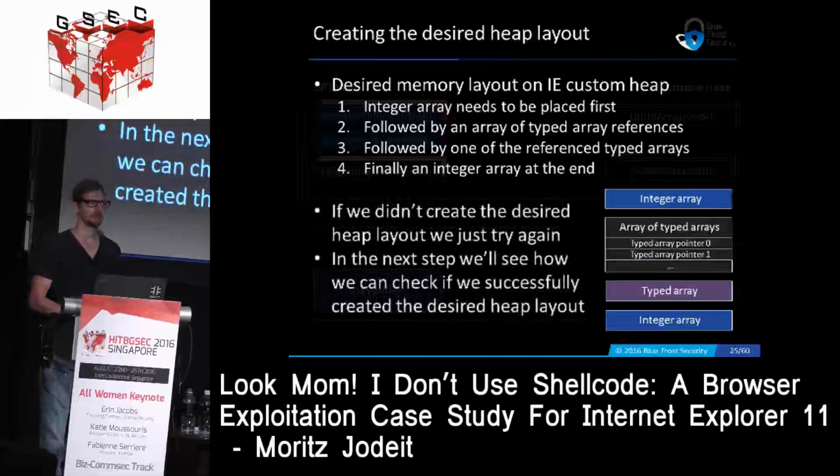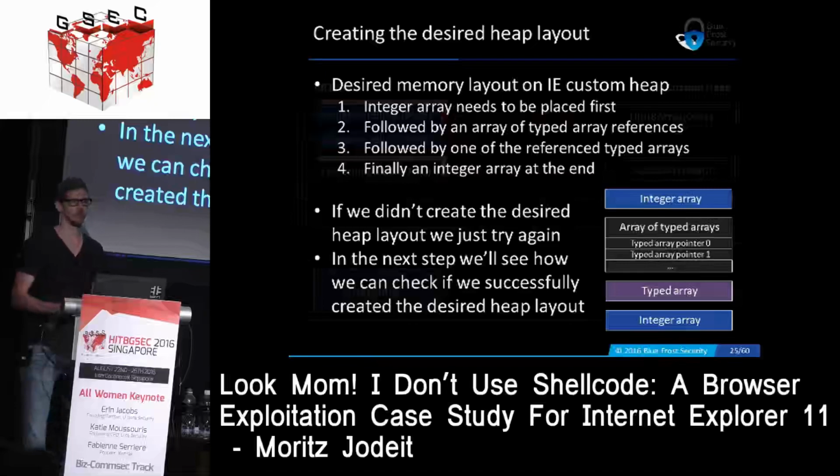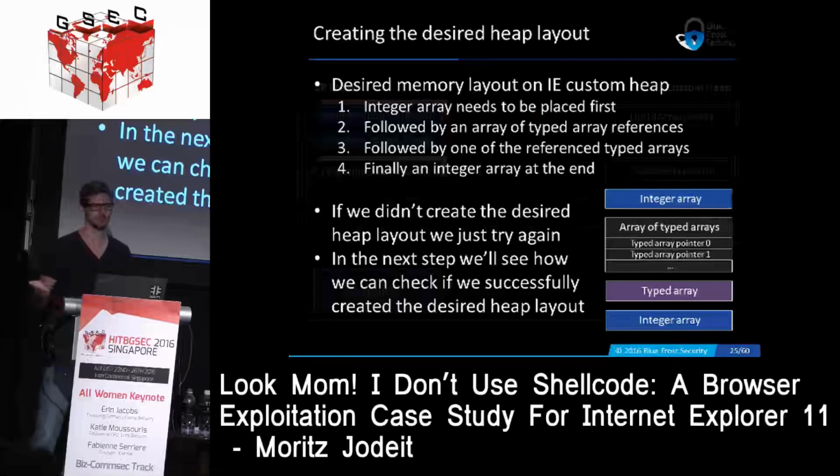The good thing is, of course, there's randomization going on, so you can't be really sure that you trigger exactly this heap layout. However, as you will see in a bit, it's quite easy to see if you actually manage to create exactly this layout. And if you didn't manage to create it, we can just retry. So it's pretty easy to, in a loop, try to create this layout. And once we got that, we continue with our exploit.